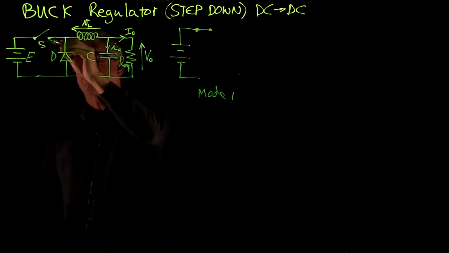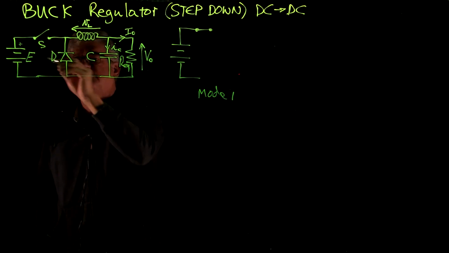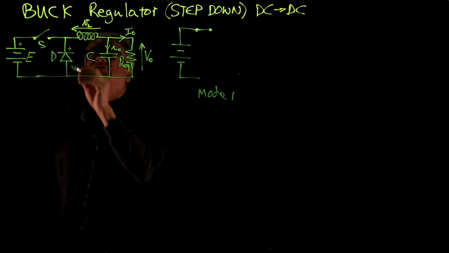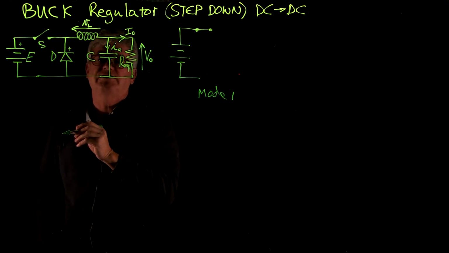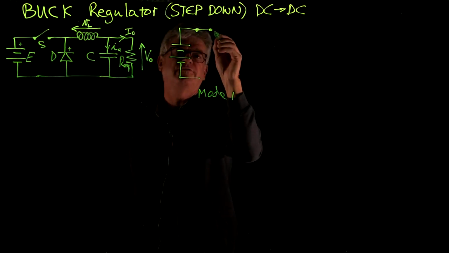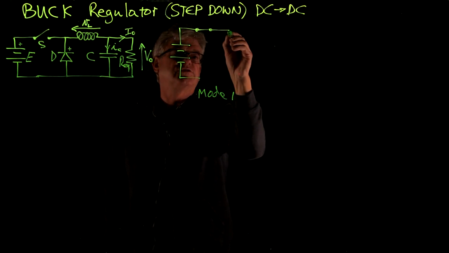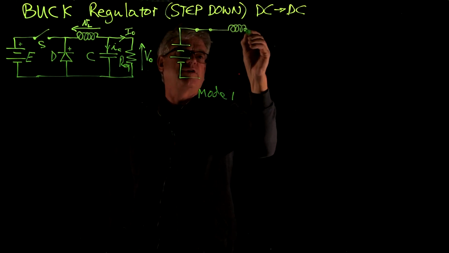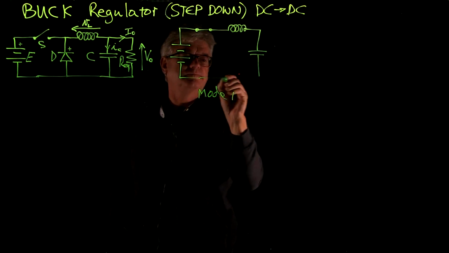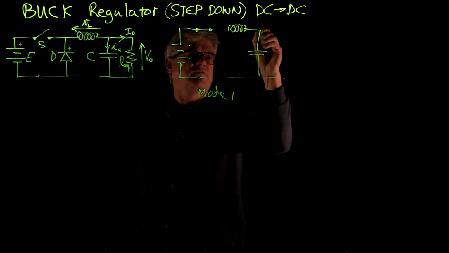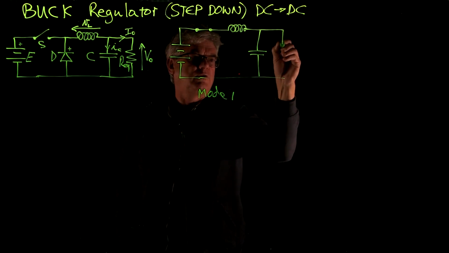And the moment that the switch closes, that positive is placed on this cathode of the diode. And the diode is reverse biased and switches off, so it is not in the circuit. We still have our inductor, and we have our capacitor, and we have our load.